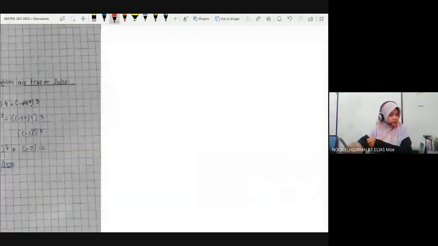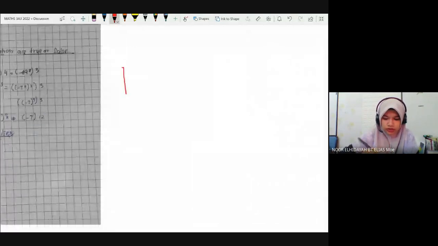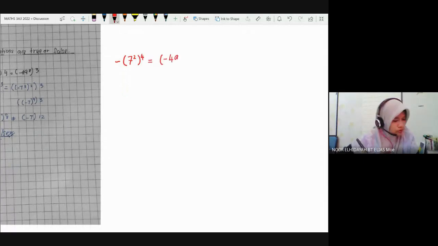Negatif dalam soalan ni ialah di luar bracket: negative 7 squared, to the power of 4. Is it equals to negative 49 to the power of 2, to the power of 3?